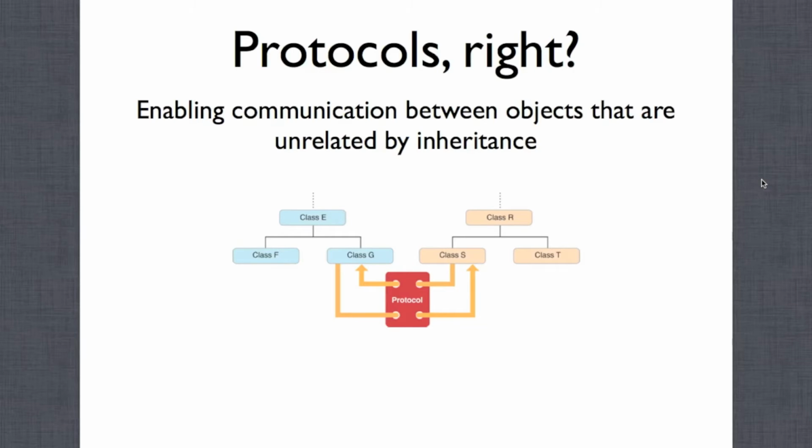This is another way of solving problems in Objective-C. And a good thing that we have protocols is that it actually allows us to establish communication between objects that are really unrelated by inheritance. And inheritance is not just a lot of computation, but also a lot of code to write. And a protocol is easier and faster. So sometimes you have a lot of classes, and you just don't want to mess with this inheritance business and the whole object-oriented thing.